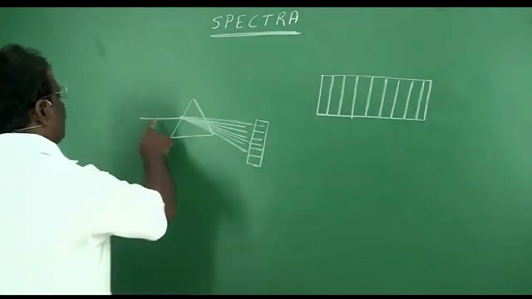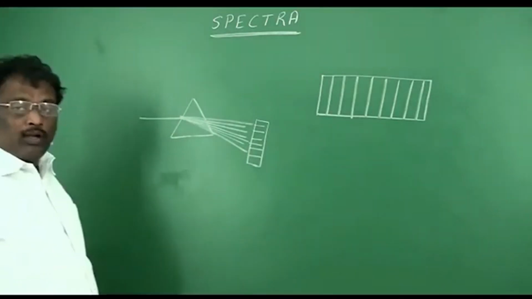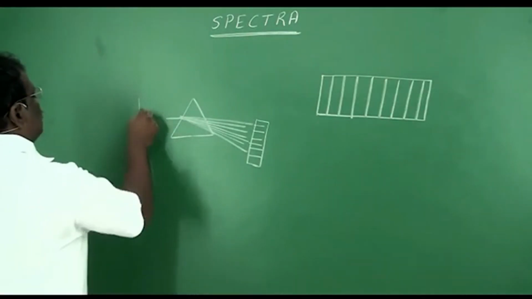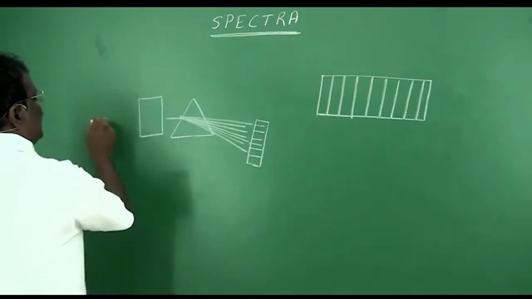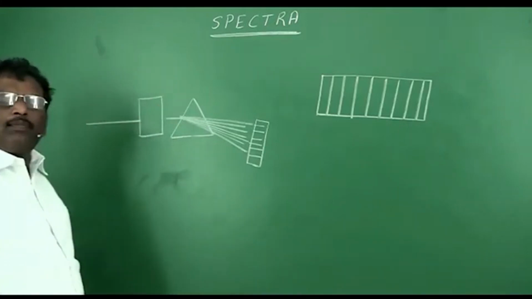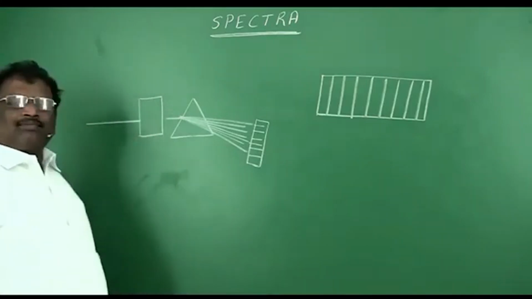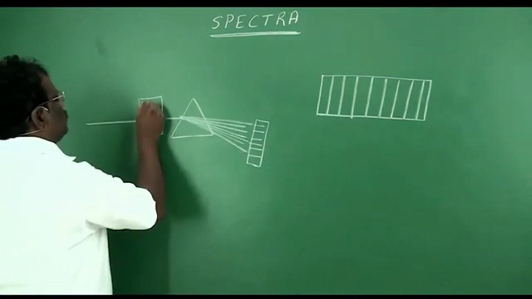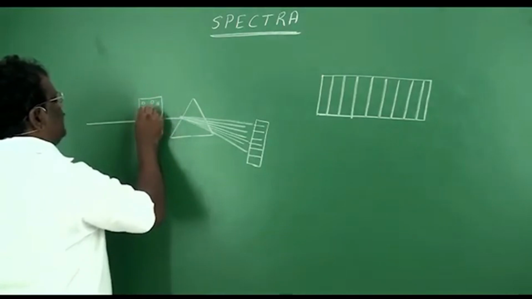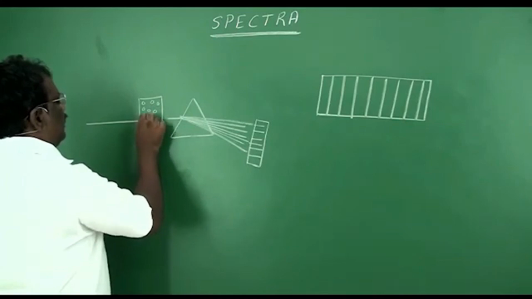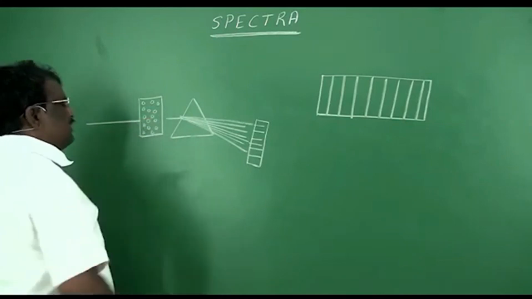Now, before this white light enters into a prism, what we'll do? We'll take a sample of gas which is under study, and we allow this white light through the sample of gas. Now here there are so many atoms present, a group of atoms belonging to the element which is under study.